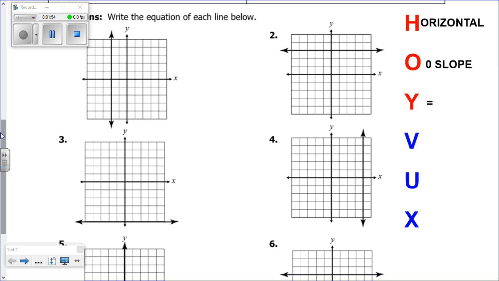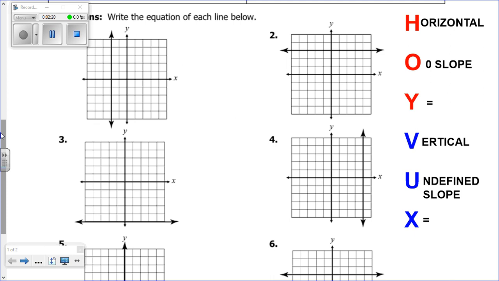So if you see a horizontal line, you know that line has a 0 slope, and it's a y equals equation. BUCKS stands for the vertical line has an undefined slope, and that's an x equals equation. So if you remember HOY-BUCKS, it helps you remember how to write the equations of a line when you see a vertical or horizontal line.